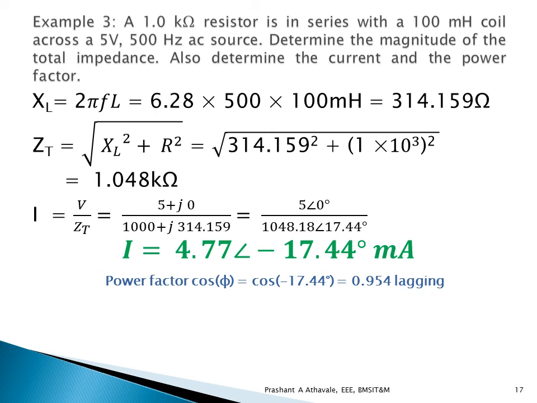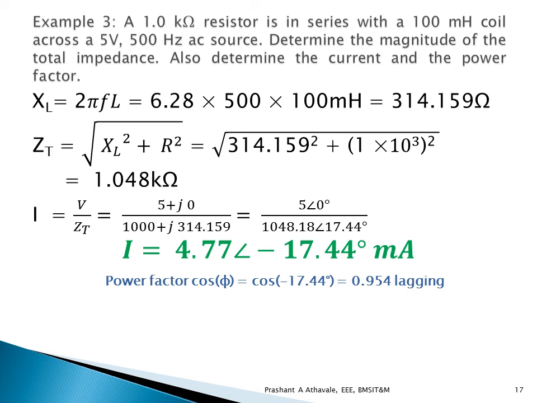total impedance depends on R square as well as XL square. Separately we have found out the XL. XL is 2 pi F into L. This is 6.28, that is nothing but 2 into pi written as 6.28. Frequency is 500 and the inductance is 100 millihenry.